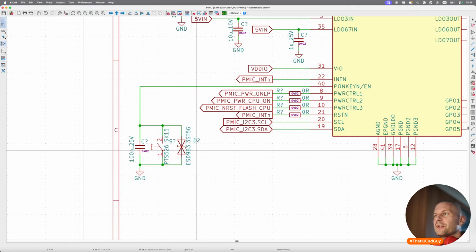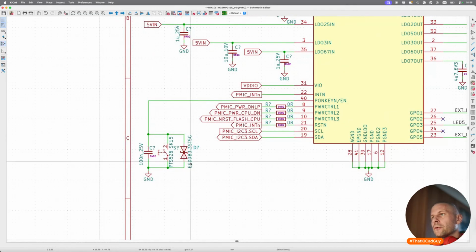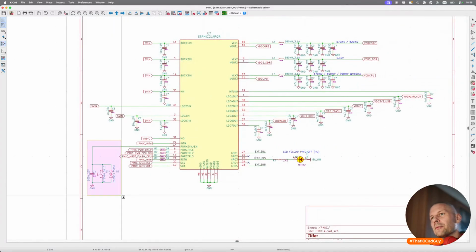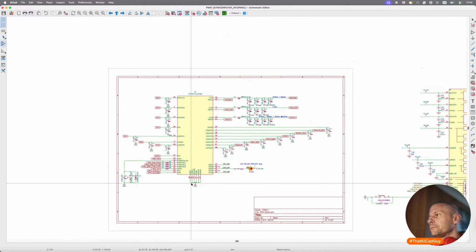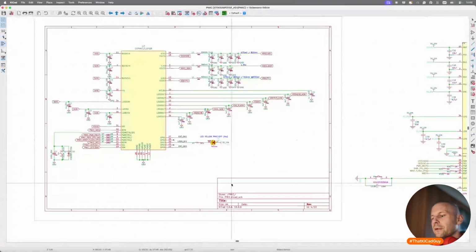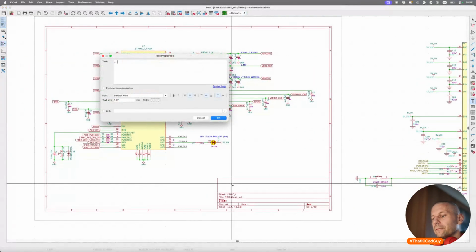Yeah, it's not the greatest, not the best looking schematic element here, but yeah. Okay, the LED will be changed later, so I will make LED resistors.